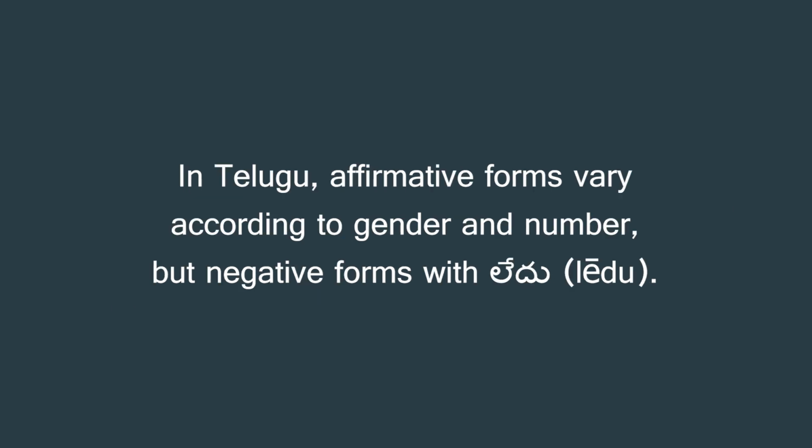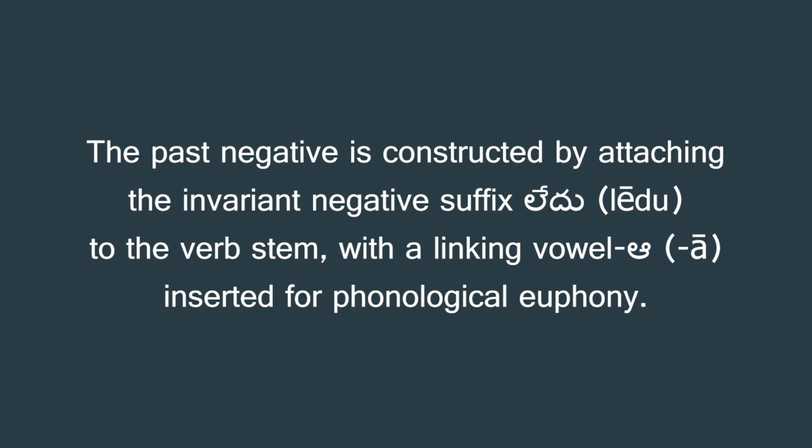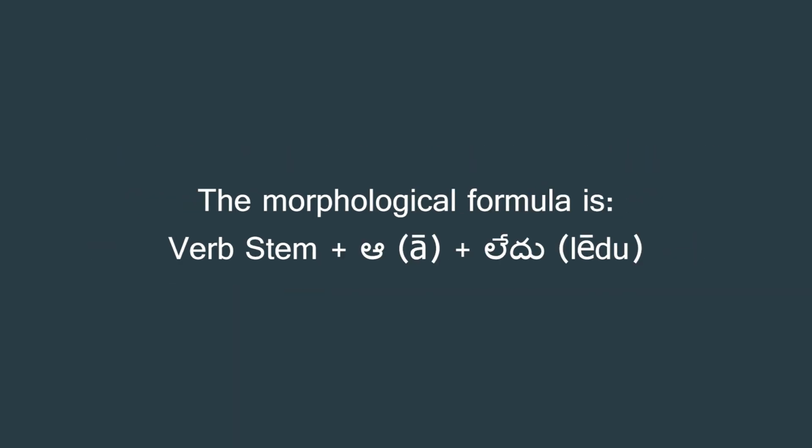In Telugu, affirmative forms vary according to gender and number, but negative forms with ledu usually remain unchanged. The past negative is constructed by attaching the invariant negative suffix ledu to the verb stem with a linking vowel a inserted for phonological euphony. The morphological formula is verb stem plus a plus ledu.